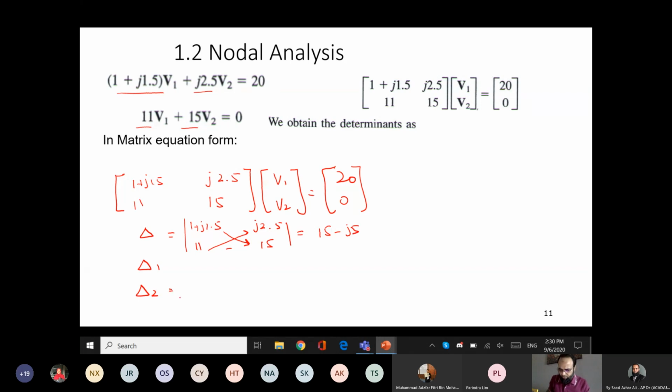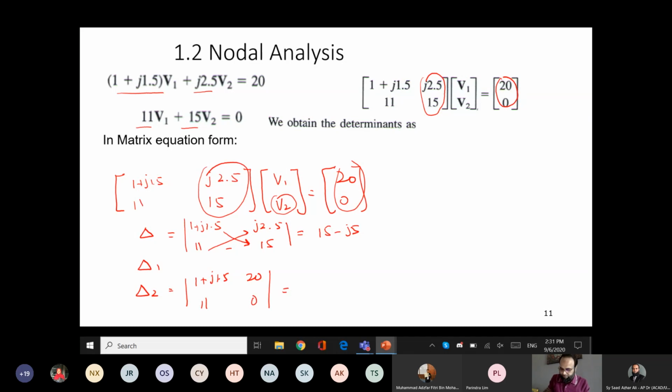For delta 2, we replace the second column, which represents V2, with these numbers. So delta 2 will be 1 plus j1.5 and 11, and we bring in these numbers 20 and 0, and then we simplify.